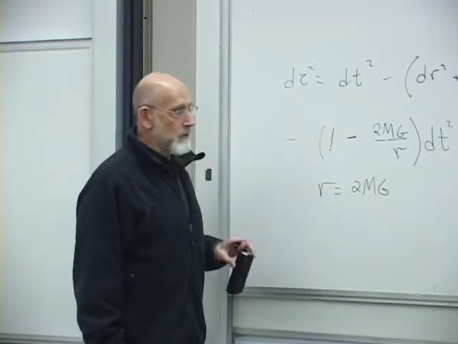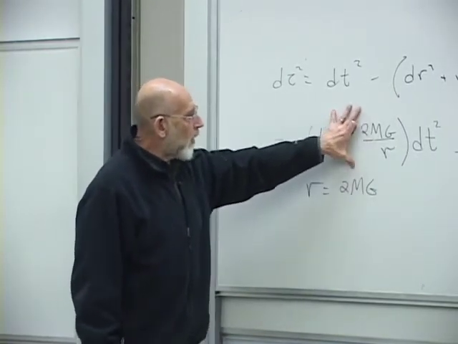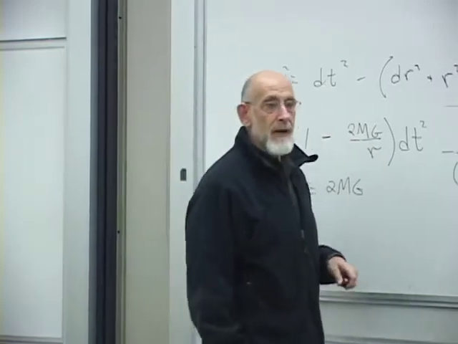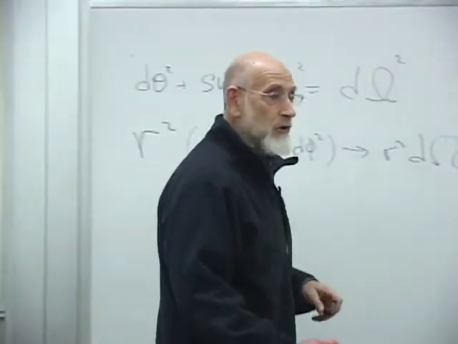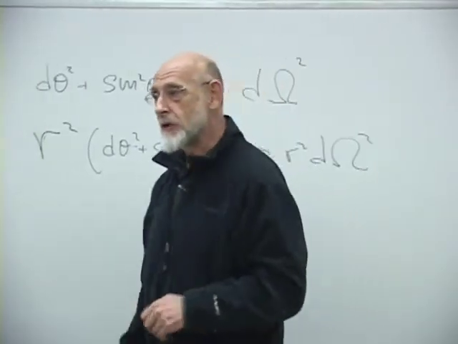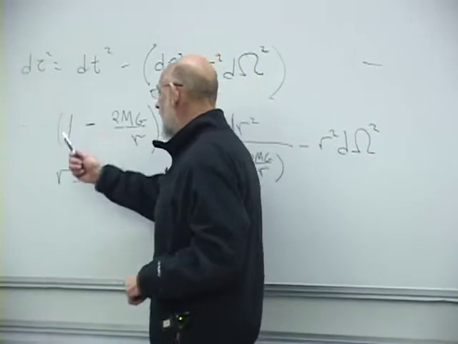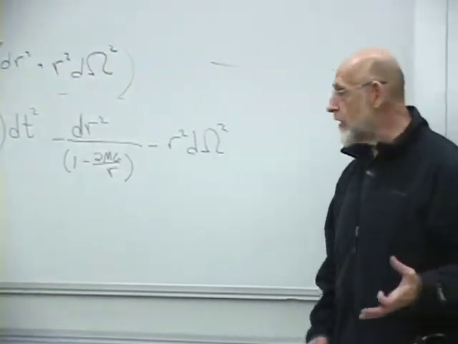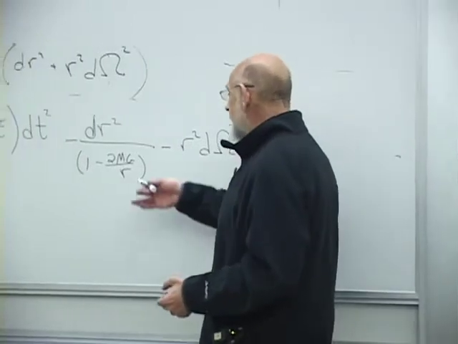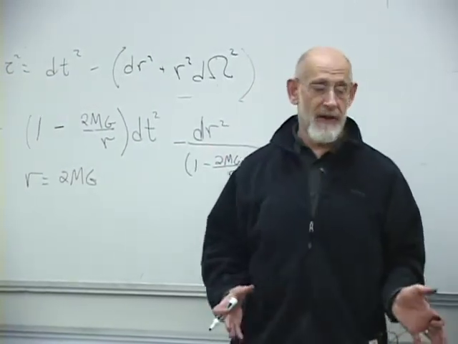At r equals 2mg, something really weird happens. The coefficient of dt squared becomes 0. Sounds like no time. When the coefficient here is 0, the proper time from one value of time to a neighboring value of time is just 0. And even worse, the coefficient of dr squared gets infinite.